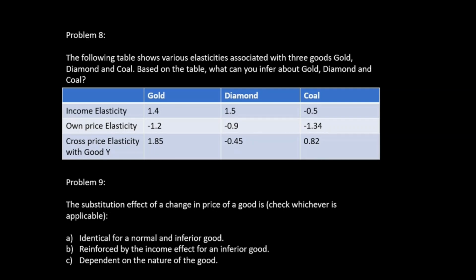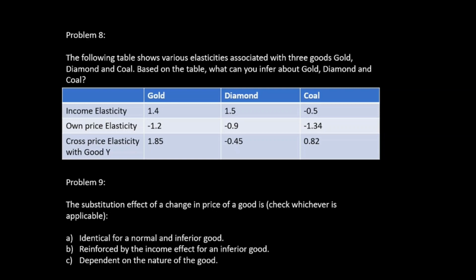So this indicates that diamond and good Y could be complement products. Okay. And lastly, the cross price elasticity of coal with good Y is 0.82, which is again positive. So very clearly, these 2 products are substitutes of each other. Okay. So these are the inferences that we can make about gold, diamond, and coal.